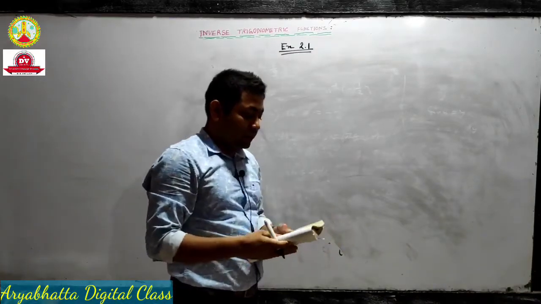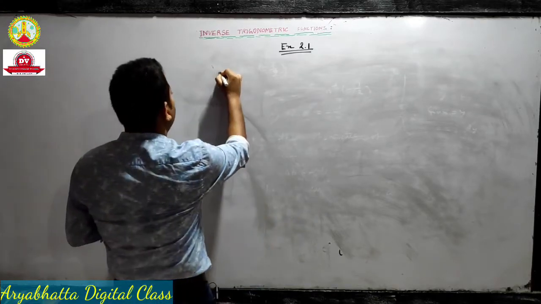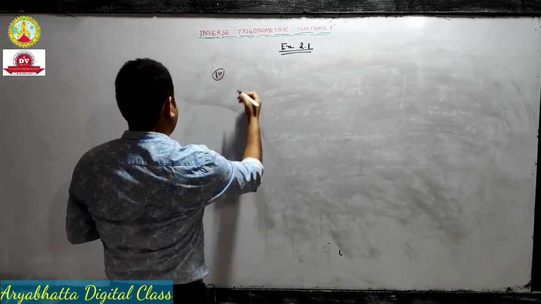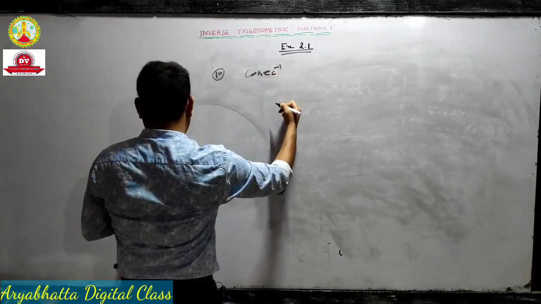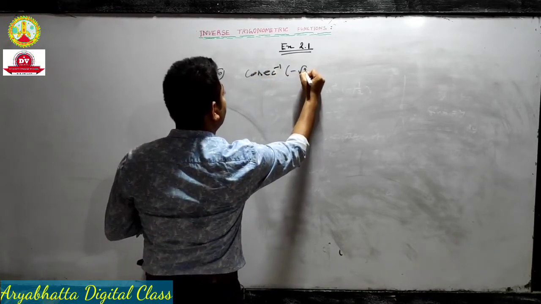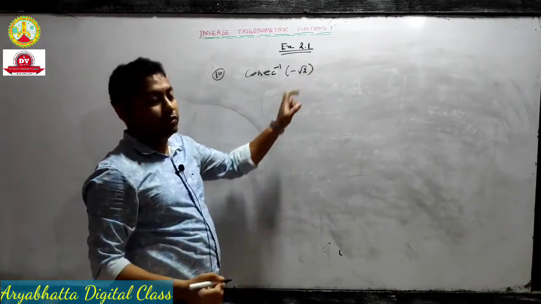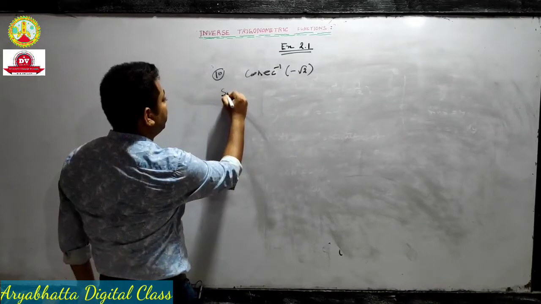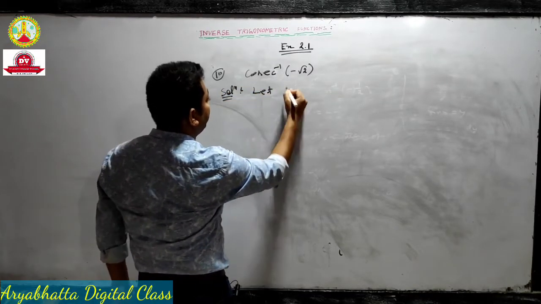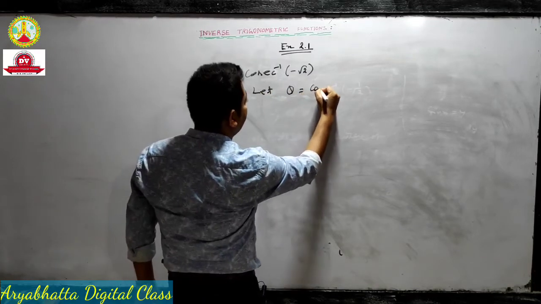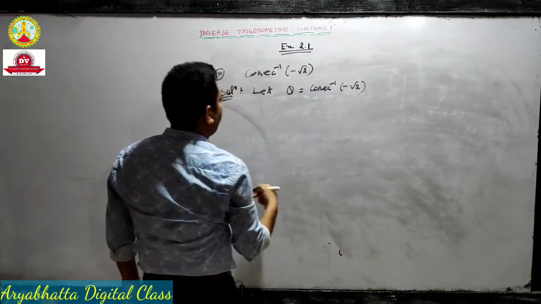Next, we will discuss question number 10. Find the principal value of cosec inverse minus root 2. Solution. Let theta equal to cosec inverse minus root 2.